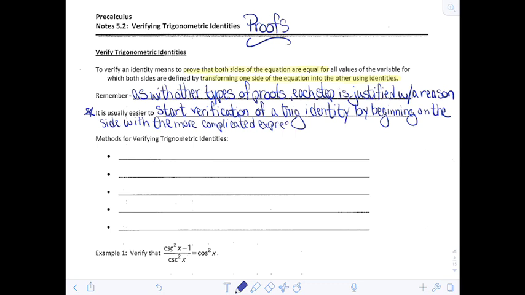I'm just going to warn you now, there is not enough room for me, so I'm going to have to double up on some lines. And working toward the less complicated expression.